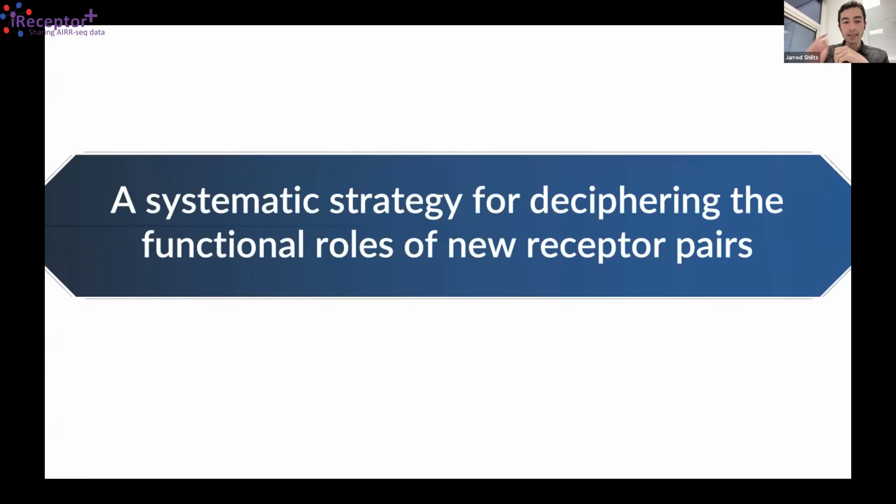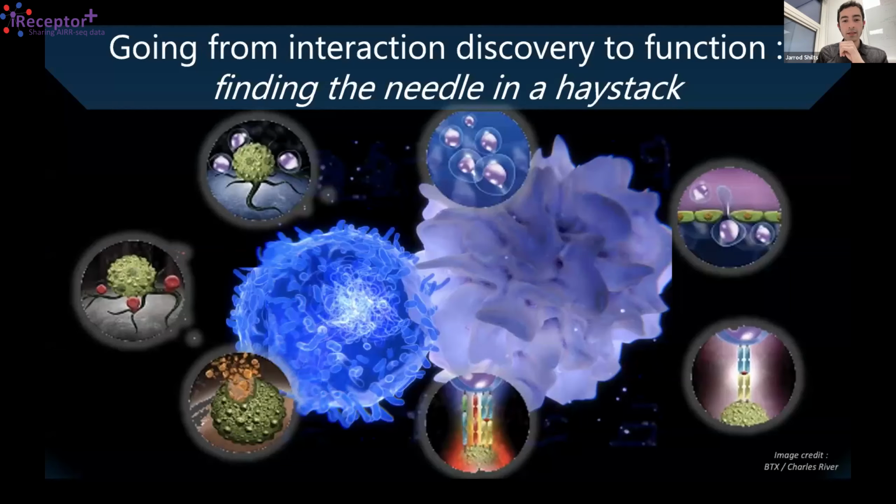And then for the last section of this, one of the more interesting parts, we of course discovered many interactions during this project, and to actually understand what they might do on immune cells, we also came up with some technology development and optimization to look at those questions. The way I would frame this is, for each of those little red links I showed earlier where we discovered something, finding what it does is really like finding a needle in a haystack.